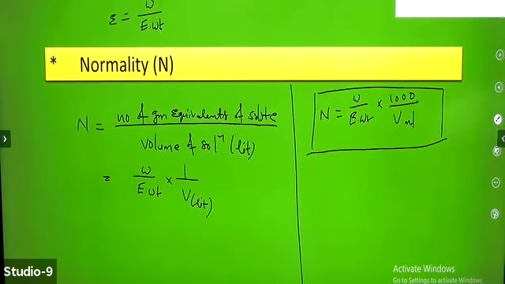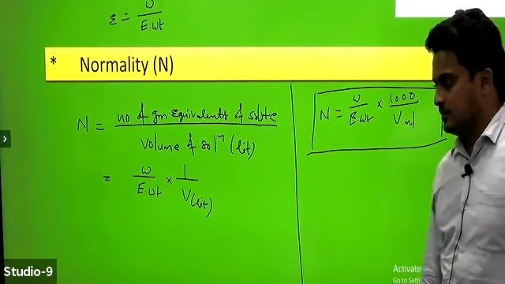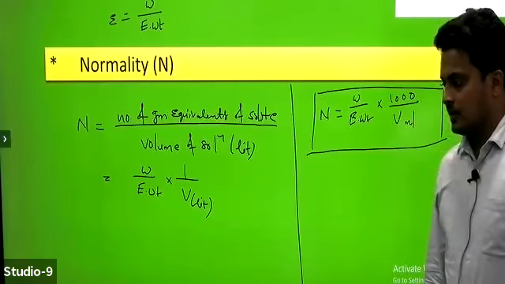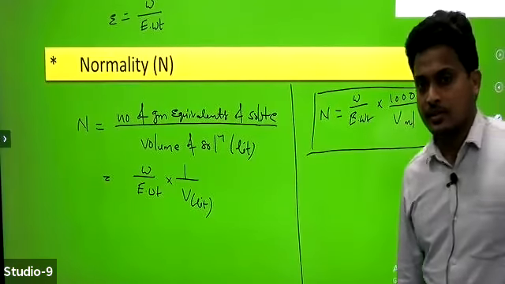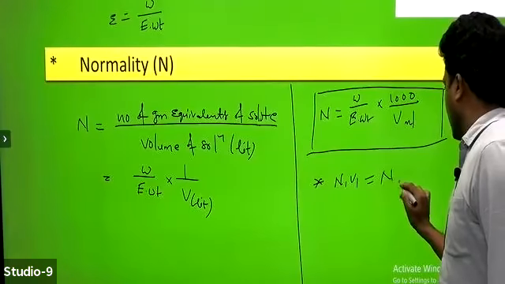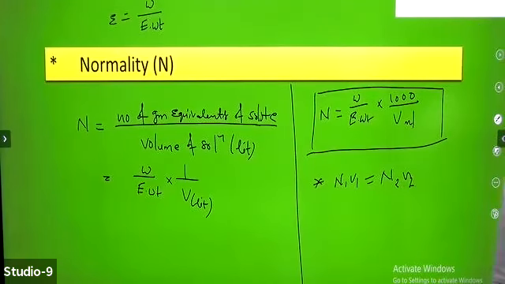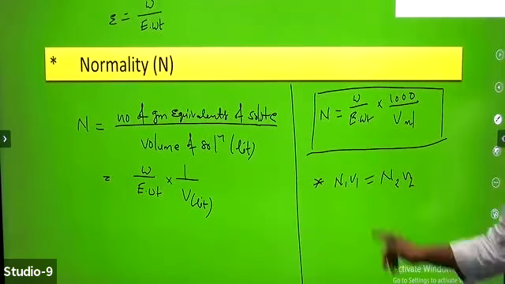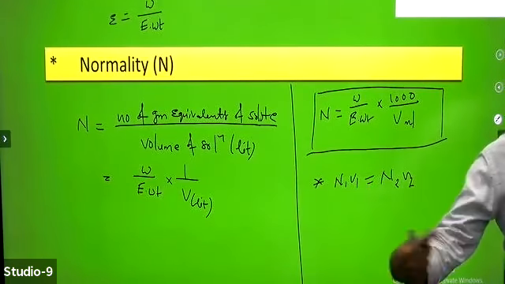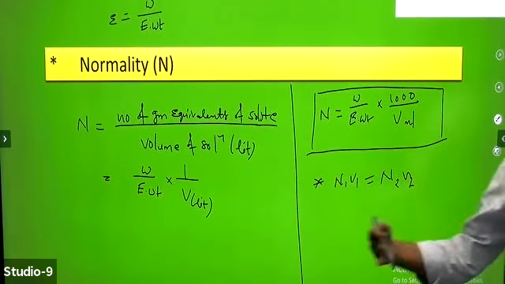Normality and dilution. Which formula do we have to use? Normality and dilution, the same as molarity and dilution. N1V1 is equal to N2V2. Where N1 is the normality of the solution before dilution, before adding water.